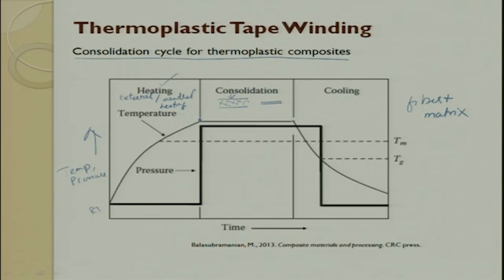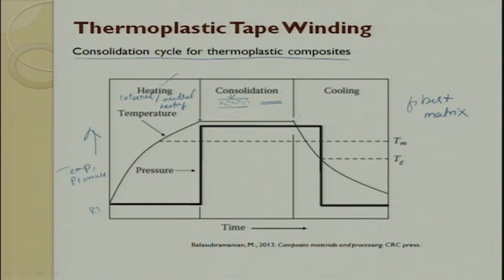And look at it, pretty interesting. The consolidation is over, but then why do we have to maintain pressure for a longer time? This question is answered like this. After you finish your consolidation, if you quickly remove it, there is a possibility that the material might trace back to their original state.